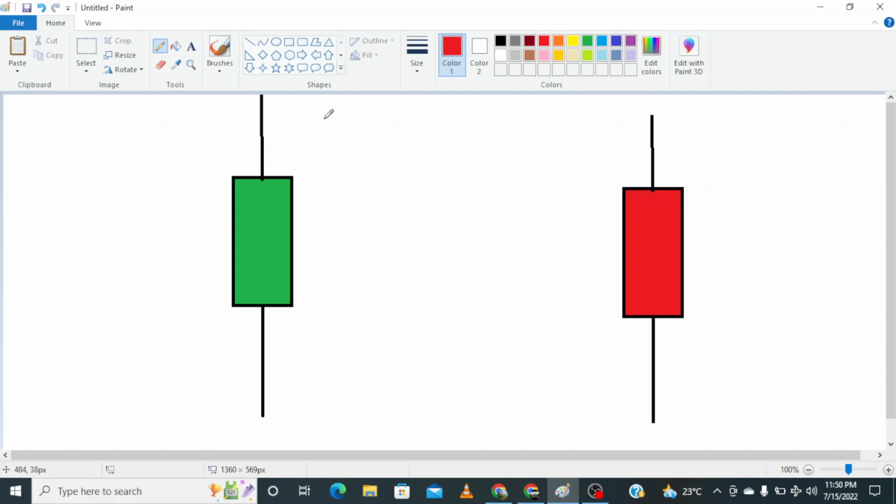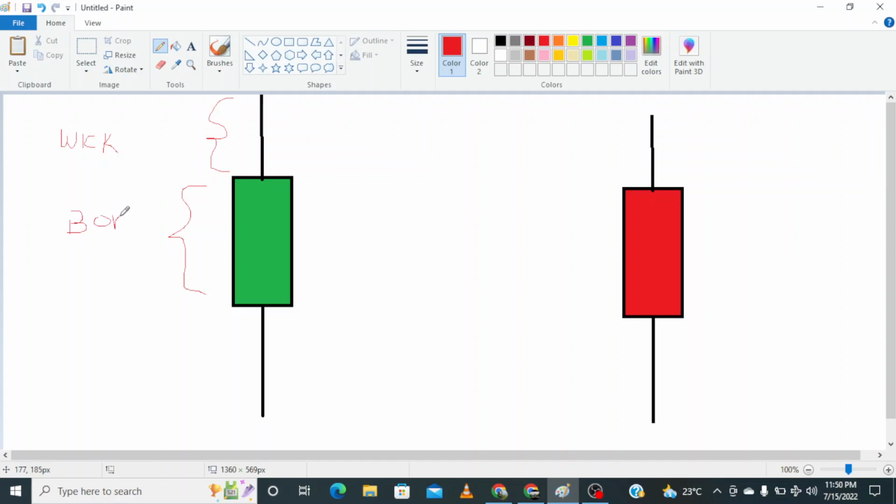Now what you need to know is what are these points on a candle. This portion right here is called a wick or a shadow, whatever you want to call it. This right here is the body of the candle.